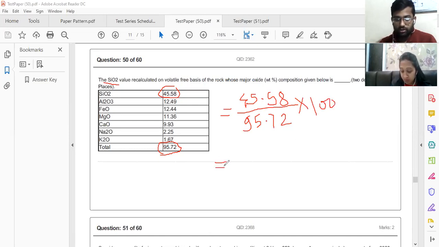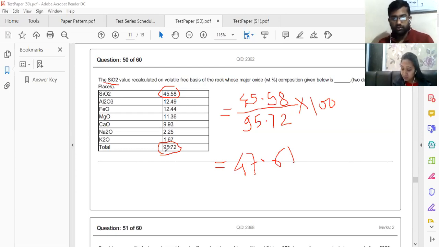Calculate this and you get the weight percentage of SiO2. It will come down to 47.61.